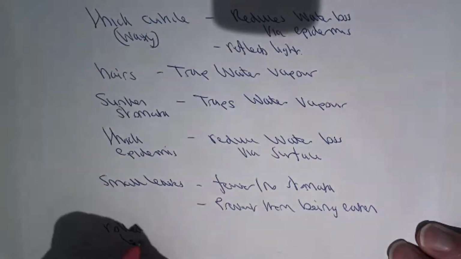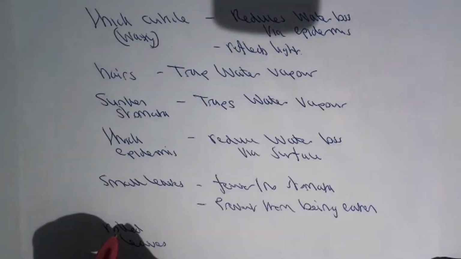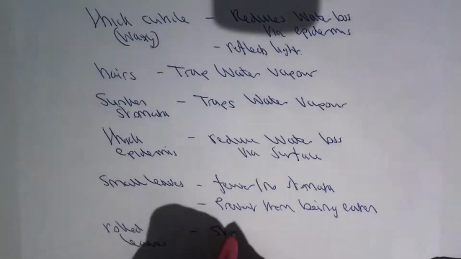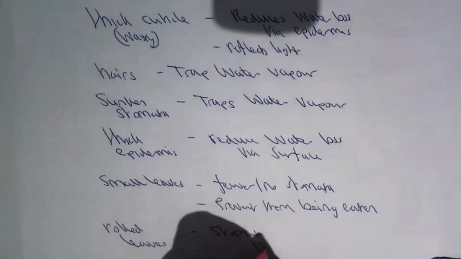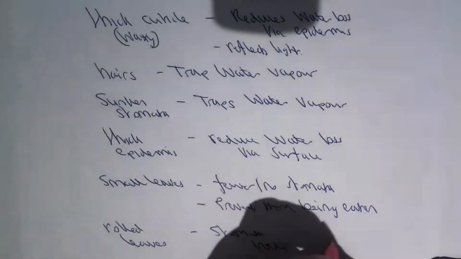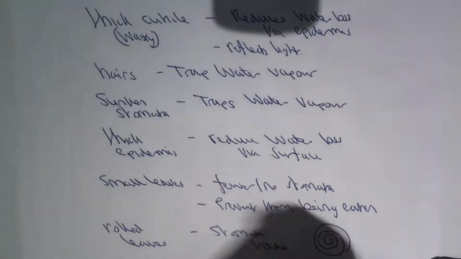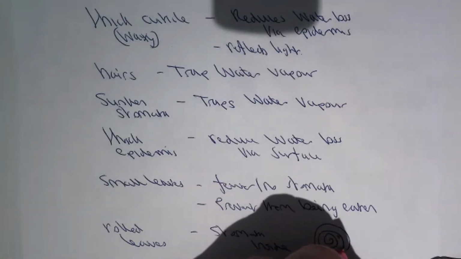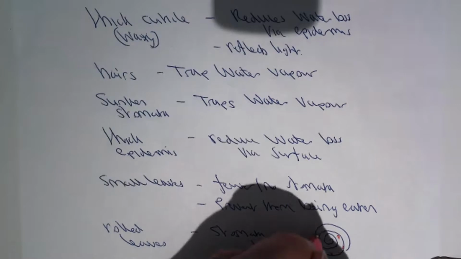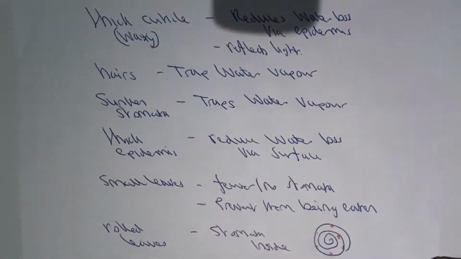They've got rolled leaves, and that's what the rolling of the leaves actually makes the spines. So the stomata are on the inside. Imagine a leaf rolled up. The stomata therefore are going to be on the inside of the leaf, which is then going to reduce water loss to the atmosphere.